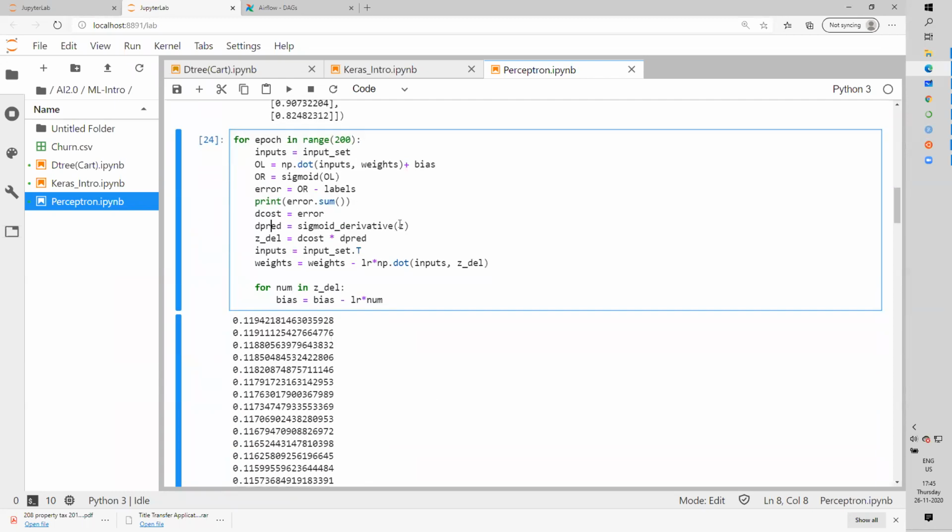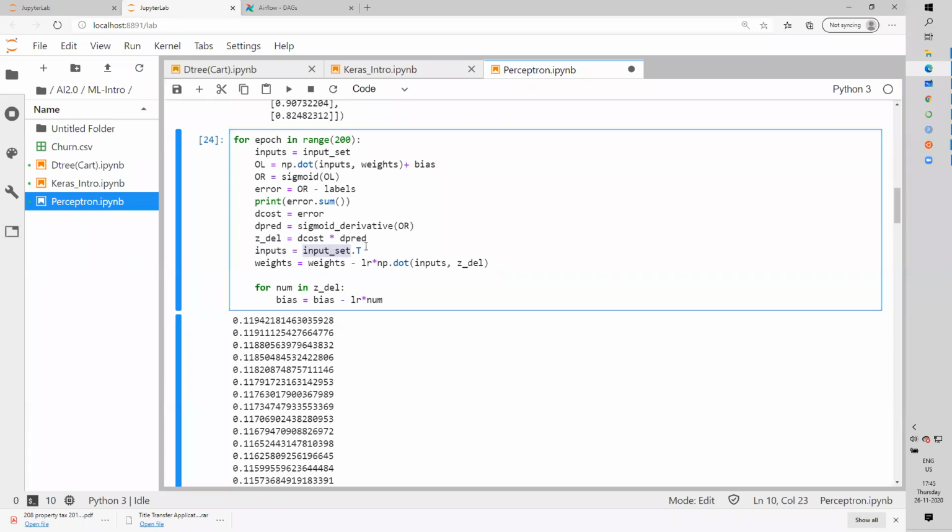So I'm using the sigmoid derivative of OR, not Z. So this should be OR, rename it to OR. And the derivative of these two is multiplied: d cost into dpred into inputs. So we have the inputs which we have to multiply again, right?